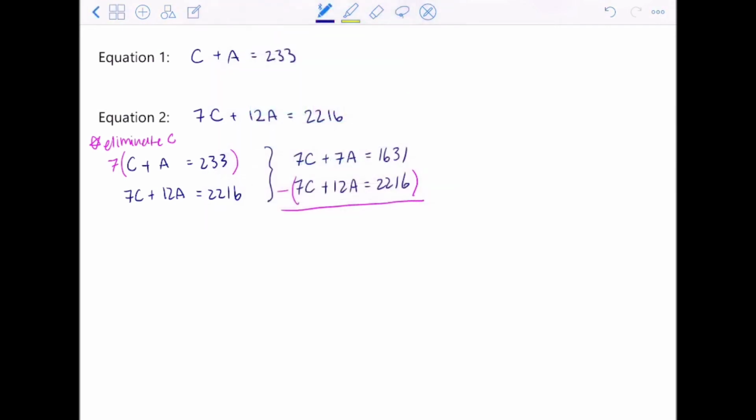All right, so 7C's cancel out. We will have 7A minus 12A, which is negative 5A. And on the right-hand side, we have negative 585. In order for us to isolate A, we need to divide both sides by negative 5. So we get A equals 117.